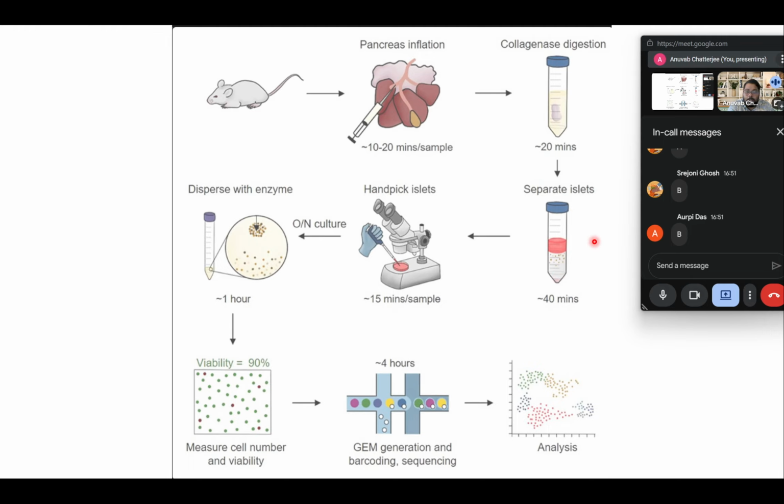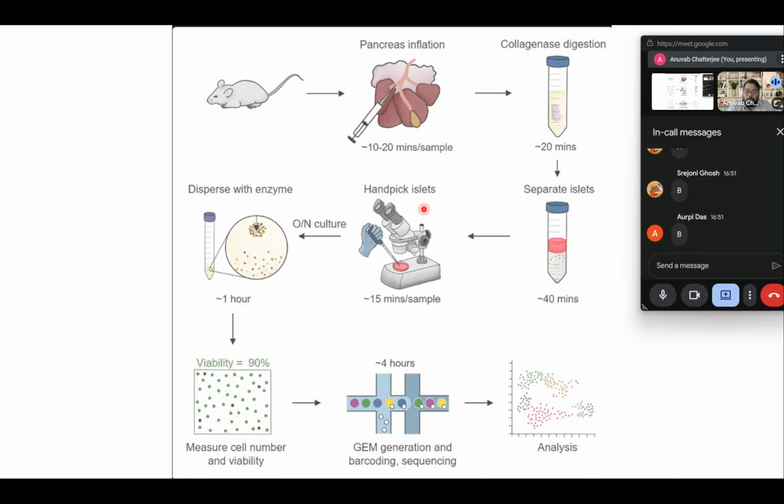to extract genomic DNA. This particular protocol is showing how to handpick islets, which are the islets of Langerhans from pancreas, and study them for insulin secretion. That can also be done with a similar procedure, but it is much more complicated. We are just interested in a single cell suspension to isolate genomic DNA.